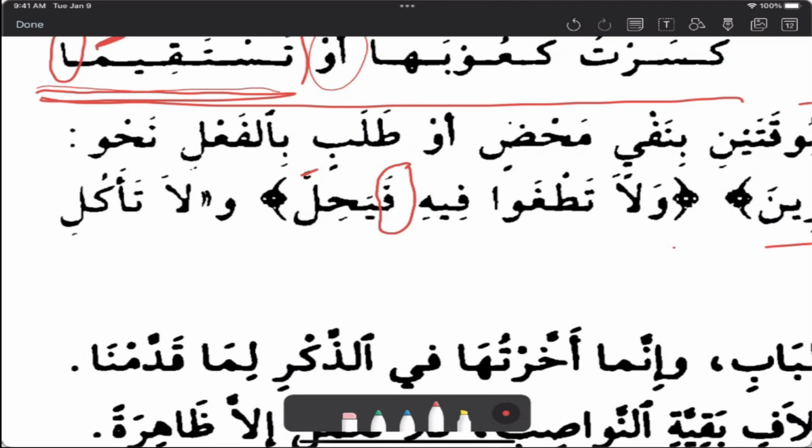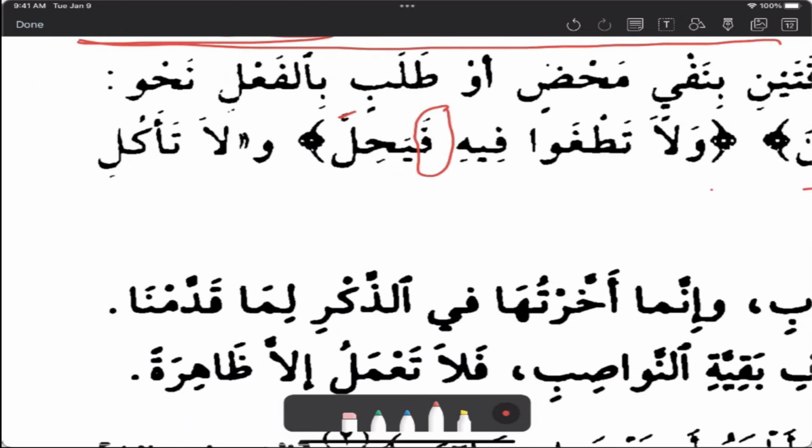And therefore legalize, yani, or justify my punishment of you. Do not transgress therein, and therefore justify my punishment of you. فَيَحِلَّ عَلَيْكُمْ غَضَبِي.